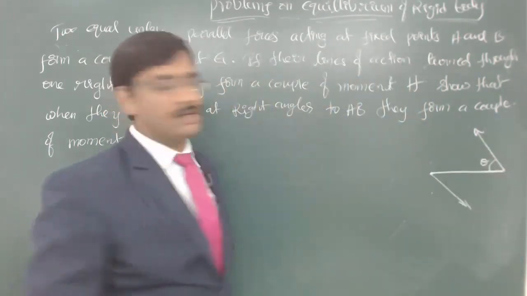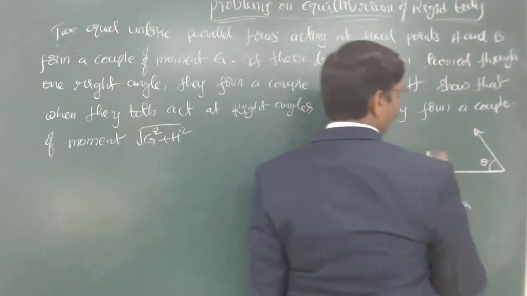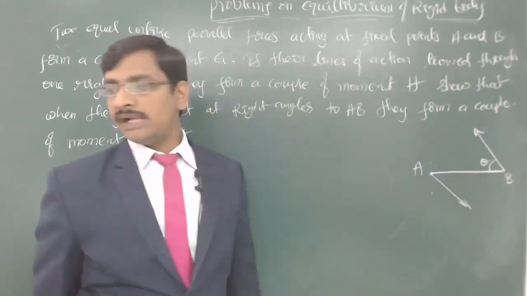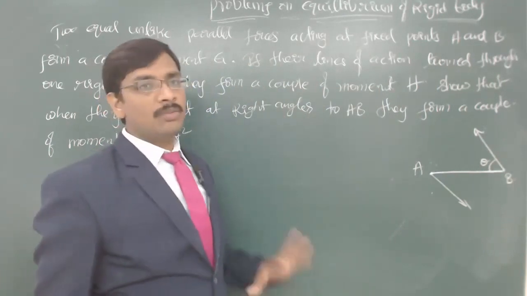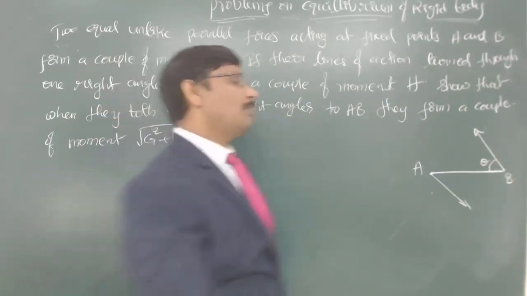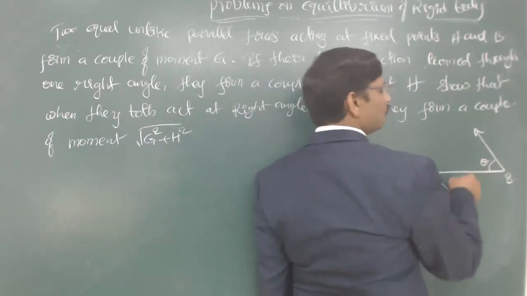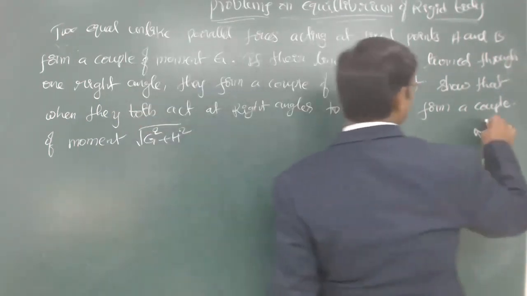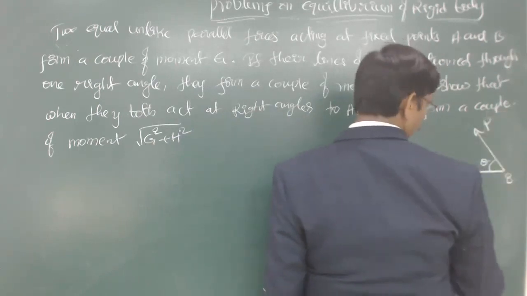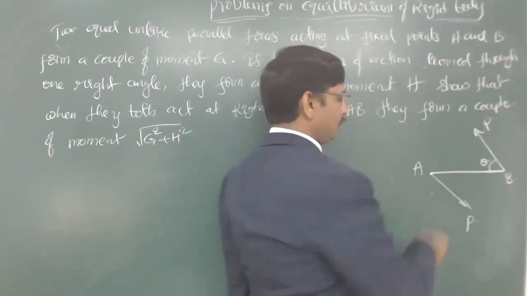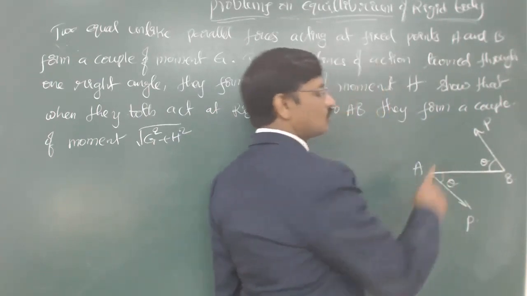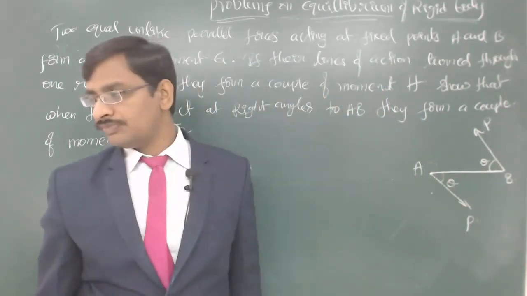So the moment of a couple is always the perpendicular distance between these two forces multiplied by the force. If this force is P and this force is also P in the opposite direction, this angle is theta and this is also theta, because these two are anti-parallel to each other.